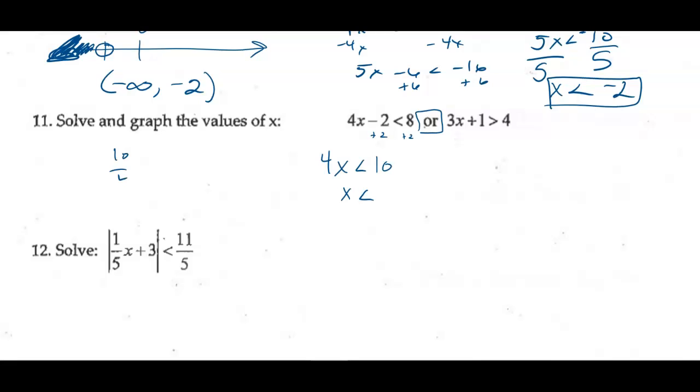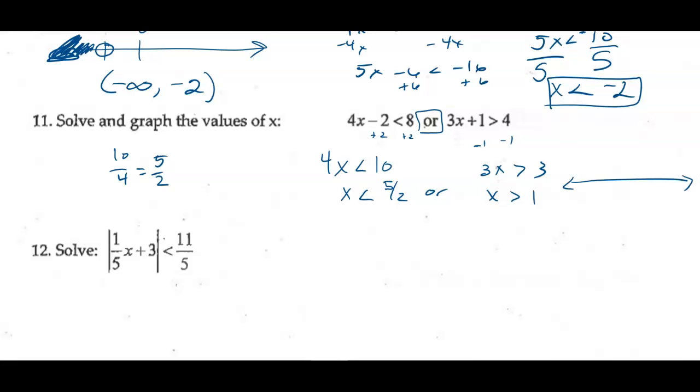Keep in mind, 10 over 4 reduces to 5 halves because I can divide both by 2. Put the or in there. Subtract 1, so I get 3x greater than 1. I want all values that are less than 5 halves or greater than 1.